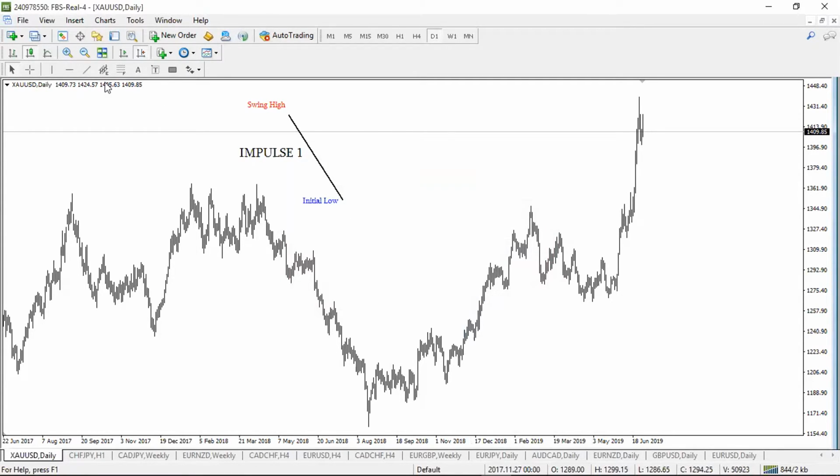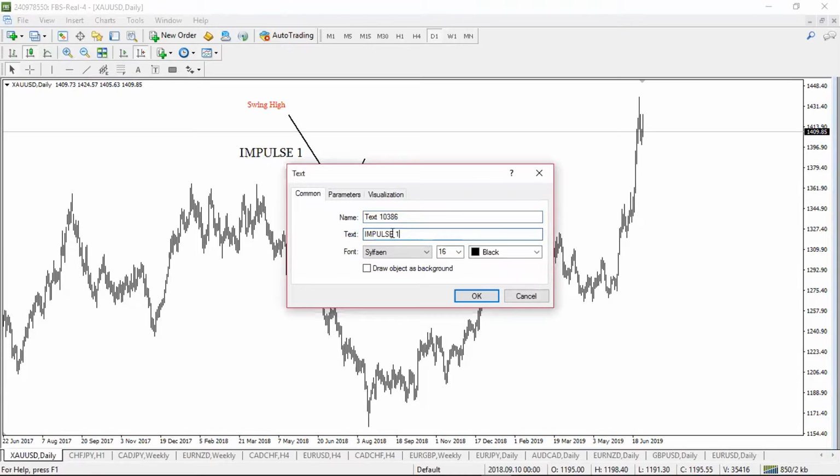Then you get a leg that will go in the opposite direction of the trend. These are corrective moves, I mean, these are corrections. So this is a correction. This is your first correction.